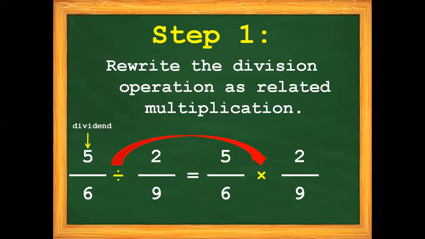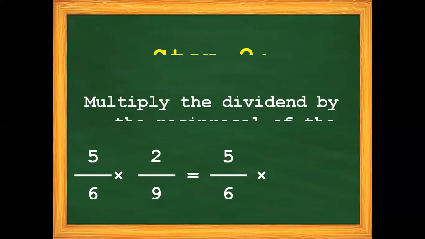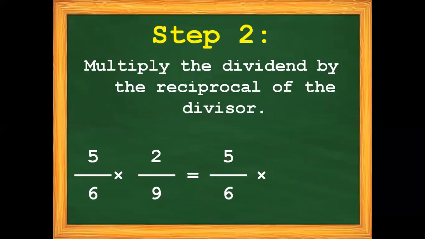Again, the dividend is 5/6 and the divisor is 2/9. Step number 2, multiply the dividend by the reciprocal of the divisor. So the reciprocal of 2/9 is 9/2. So we have now 5/6 times 9/2.